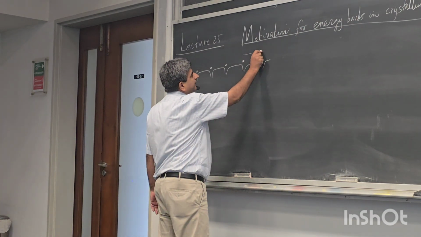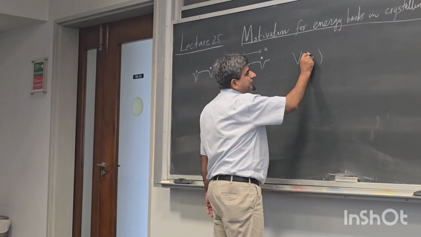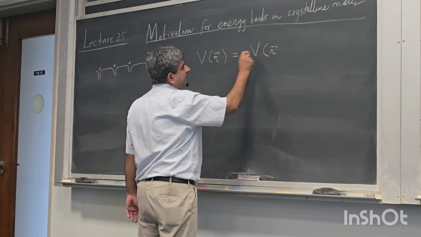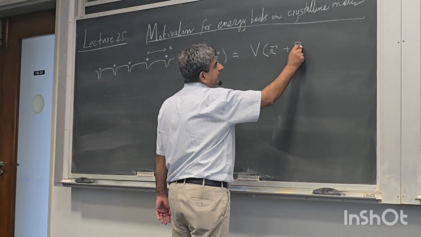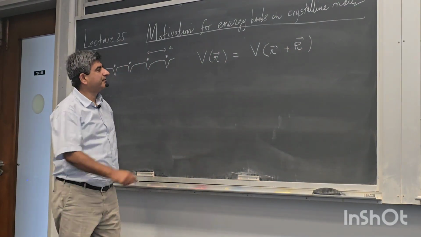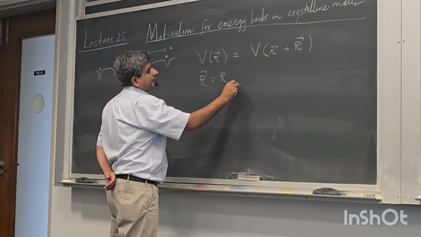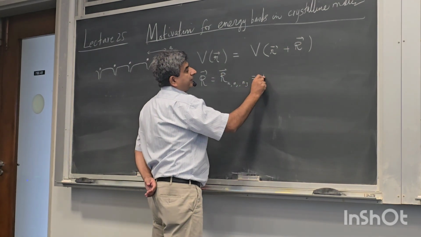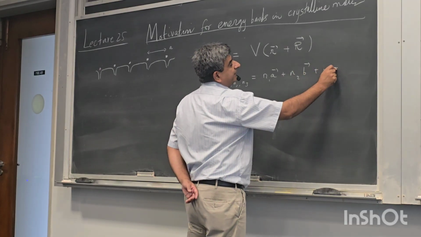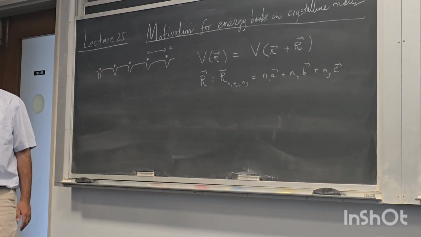So if this lattice spacing is a, then the periodicity of the periodic potential would be given by V(r), and the periodicity is imposed by this condition V(r) = V(r + R), where R is a shorthand for n1 a + n2 b + n3 c, where a, b and c are unit cell vectors, translation vectors.